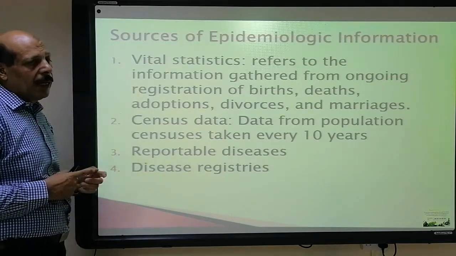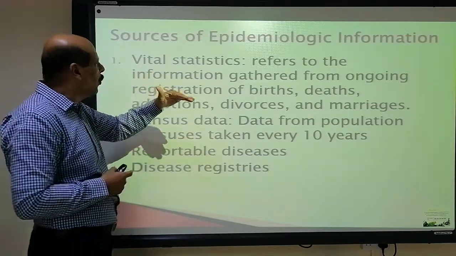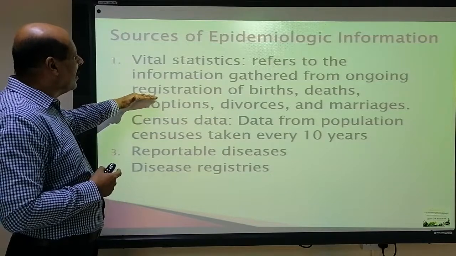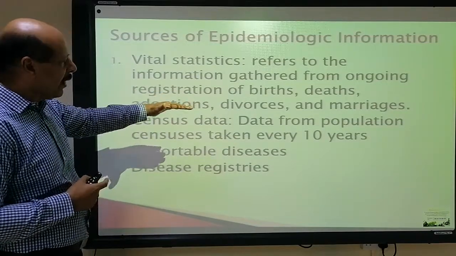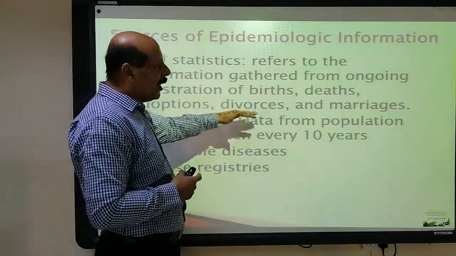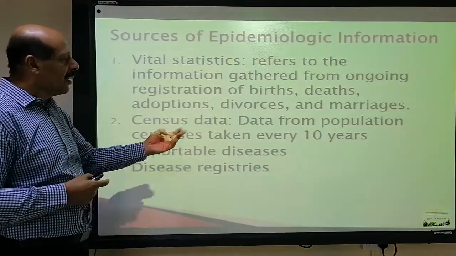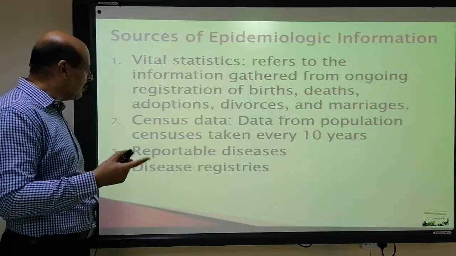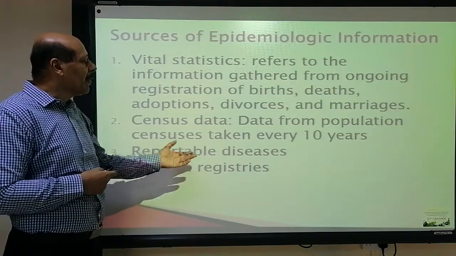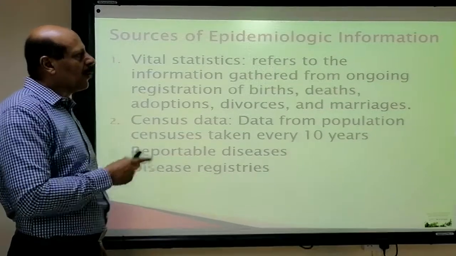We get epidemiological information through vital statistics, which refers to information gathered from the ongoing registration of birth, death, adoption, divorce and marriage, and census data from the population census, which is taken every 10 years in most countries. Then reportable diseases: infectious diseases have to be reported directly.